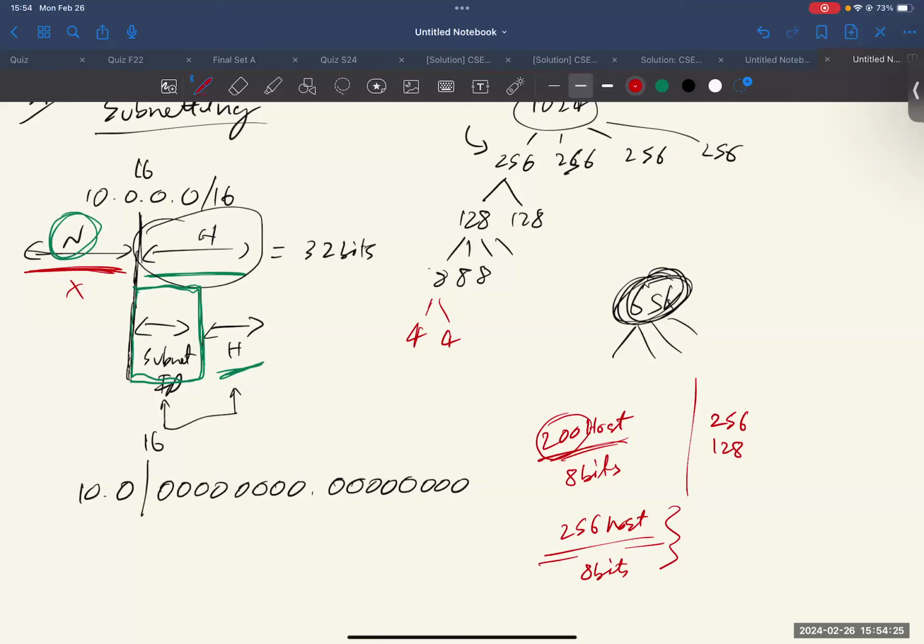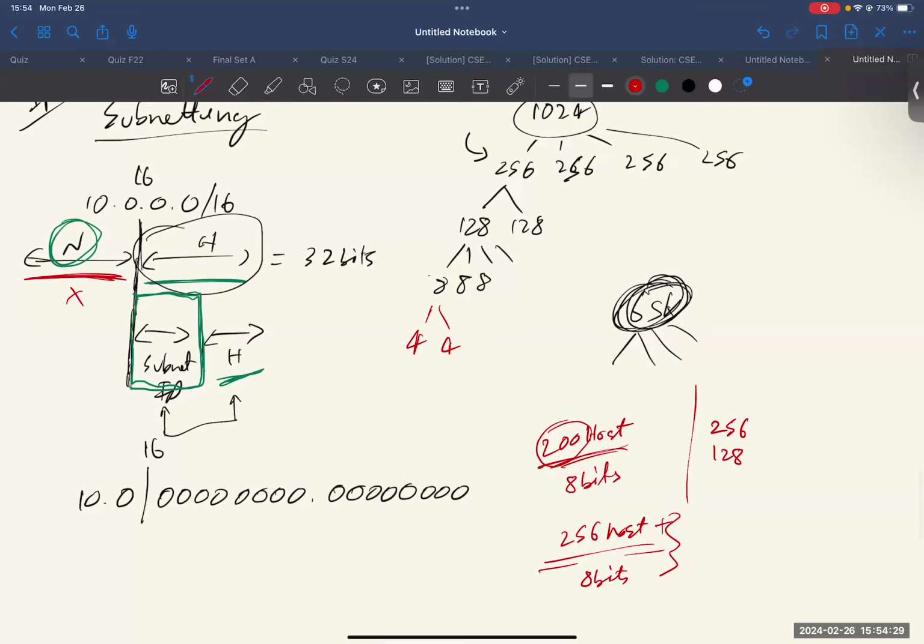So because of that, I always need to check the number of hosts plus 2. What does that come to? It becomes 258. And to represent 258 numbers, 256 is not enough anymore. I need 512, and 512 is 2 to the power 9. Okay, so it becomes 9 bits.